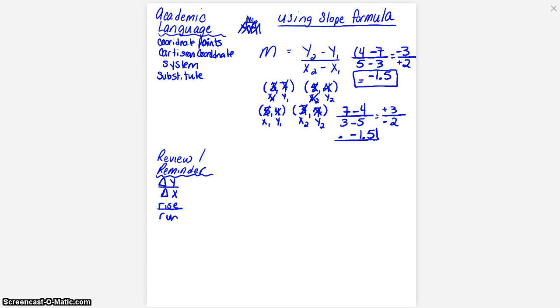So no matter which direction I do it in, I'm getting the same slope. So don't worry when you're given 2 points which ones to use first. It doesn't matter as long as if you use this y first, you need to use this x first on the denominator. Or if you use this y first on the numerator, then you need to use this x first on the denominator.